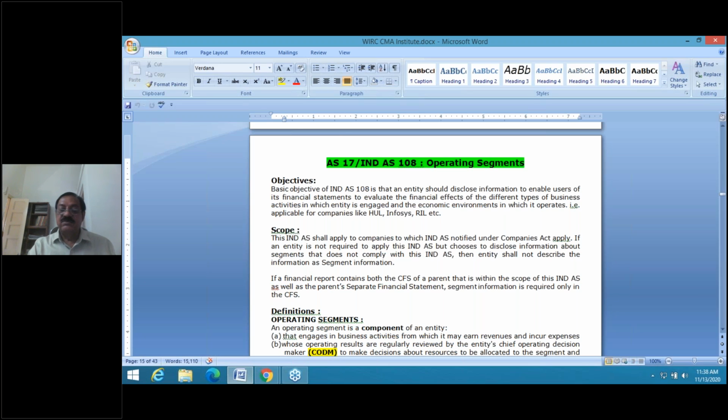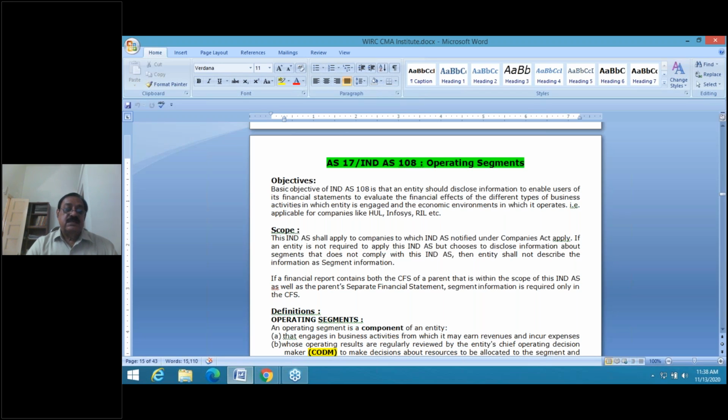Now it is in retail and telecommunications, over and above that oil industries, etc. So when the company is doing business in multiple areas and all are acting under different economic environments, it will have a lot of impact on its profitability. So they are required to give information regarding all these different segments so that investors can know what is the future of this industry.